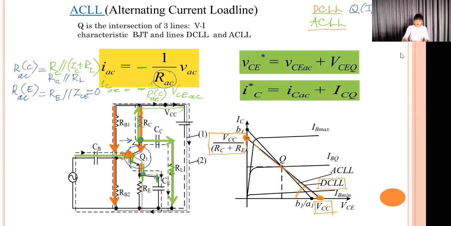You can see the form of the load line related to alternating energy. This is the green color direction, and you should remember it.